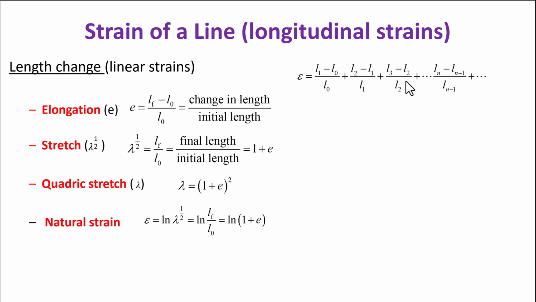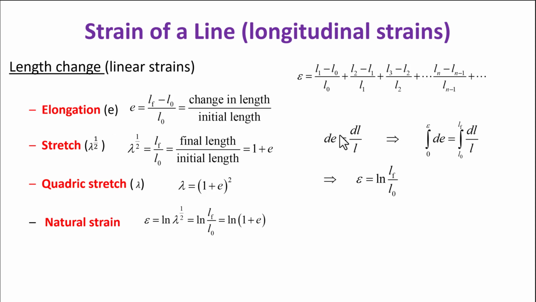We can carry on this increment by increment until we reach the final length. We add all these increments together, we get the total accumulated linear strain. However, in this situation, since the initial length changes, it's not going to be the same as the total elongation.